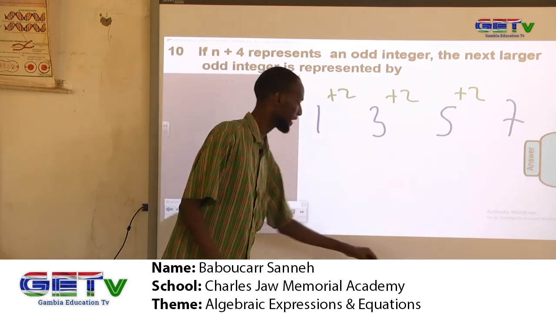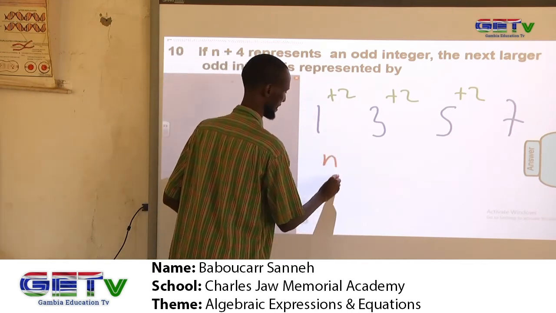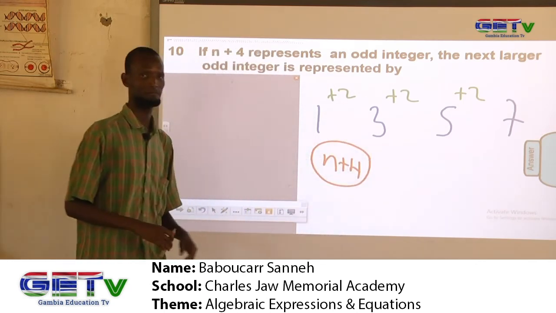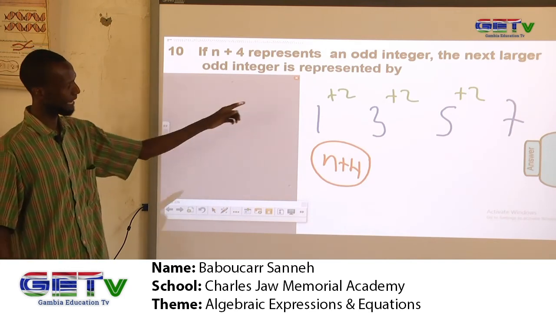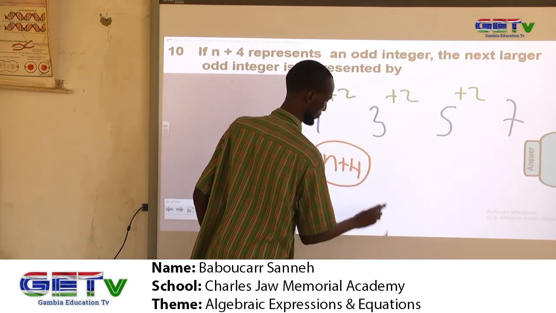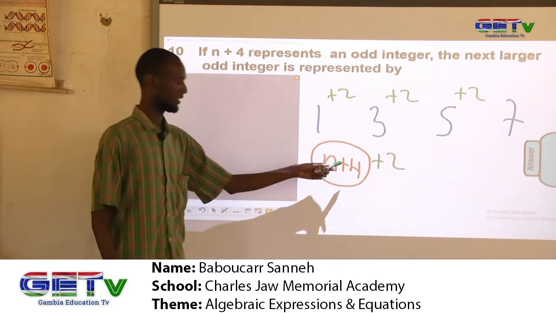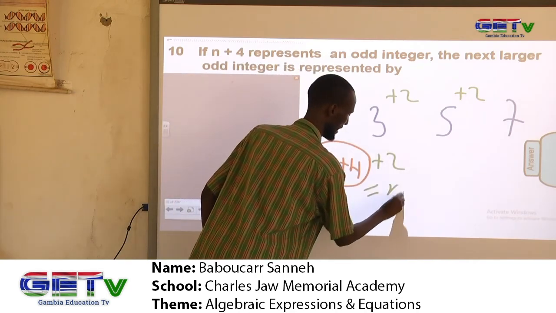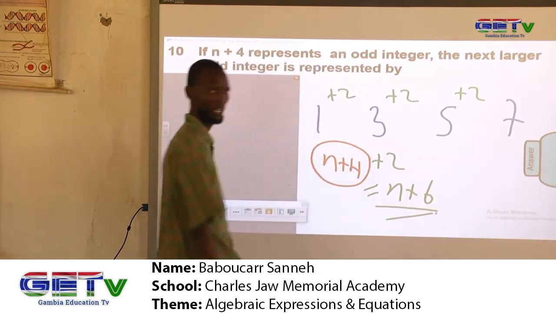So therefore, if our odd number in this case here is n plus 4, all of this represents one odd number. If you want to get the next larger odd number, we will simply also just add 2 here. Of course, the 4 and 2 can be added, and that will simplify to n plus 6. And that would be our answer.